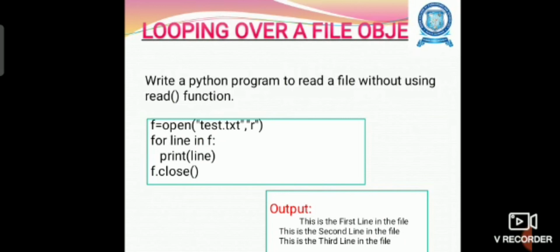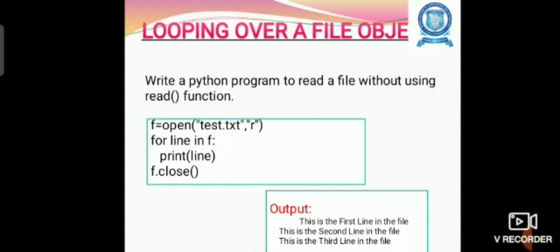So the file object has to be used as the sequence in the for loop. And line means here each and every line; during every iteration the individual lines will be taken by the for loop, and inside the for loop we are printing the particular line. So the first time, line will get the first line from the file. So this is the first line in the file.